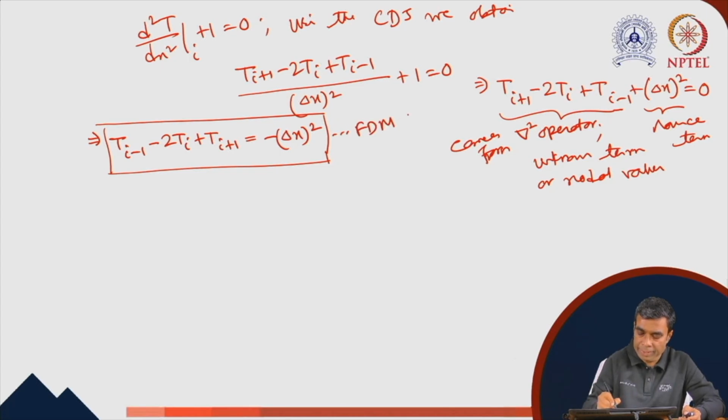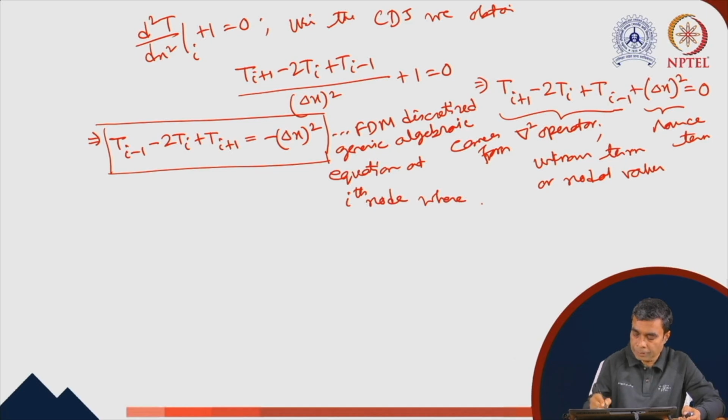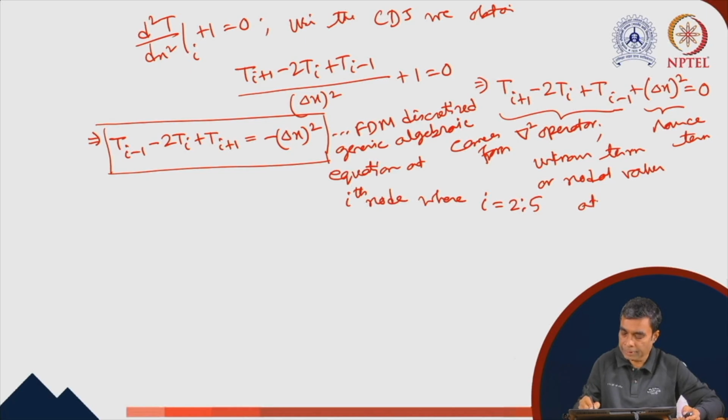So this is the FDM discretized generic algebraic equation at the ith node, where i varies from 2 to 5. At i equals 1 and i equals 6, EBCs are given.